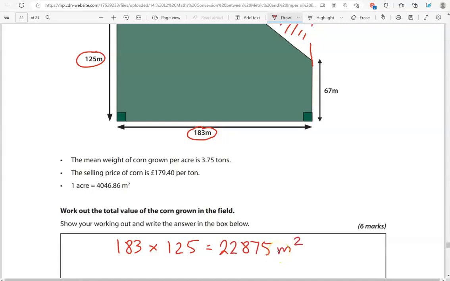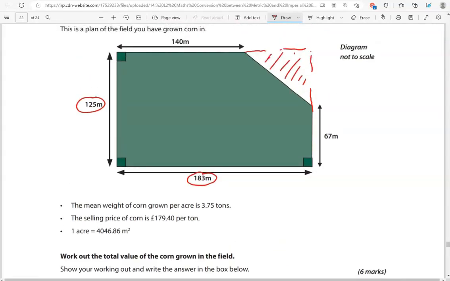square meters. Let's take away the area of the triangle. So it will be base times height divided by 2. So if this is the base, for example, what is that equal to? We'll work it out by going 183, because this total length up to this point is equal to 183.